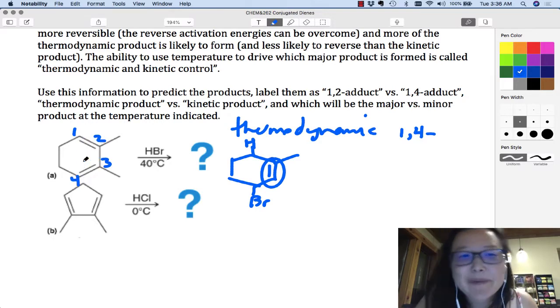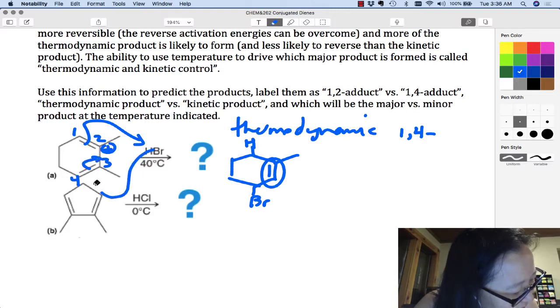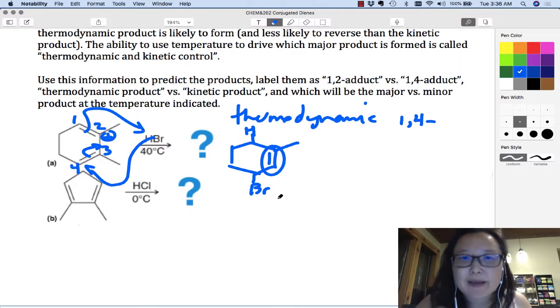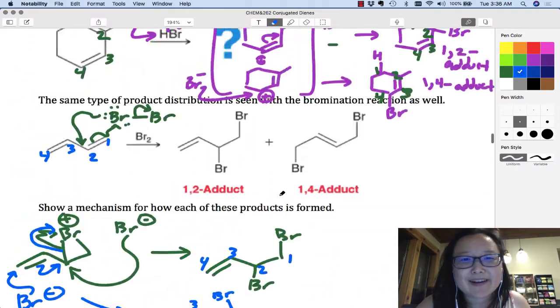Well, that's from the mechanism. I'd have to think about grabbing the H, making this the positive, and then doing the resonance structure and putting the Br down here. So you can see that there's going to be a resonance structure there. Go through the mechanism if you're not sure. We worked it all out up here before.